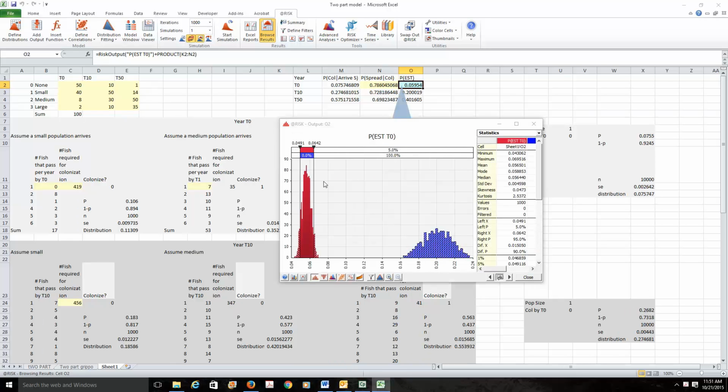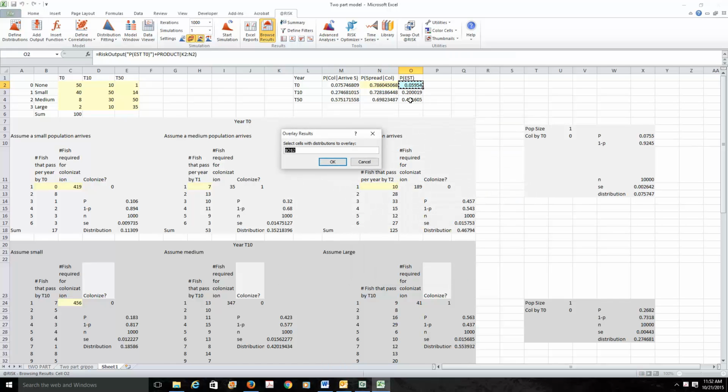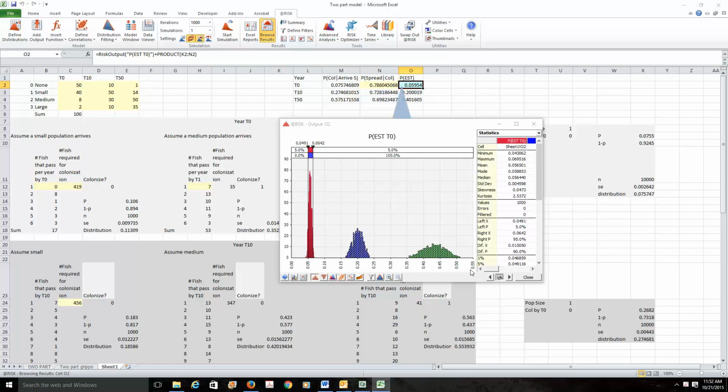And here you see our probability of establishment by year T0. The probability of establishment by year T10 is considerably greater. We'll add the probability of establishment by year T50, which would be the value of greatest concern, I suspect, for decision makers in a planning study. And you see the third distribution here.